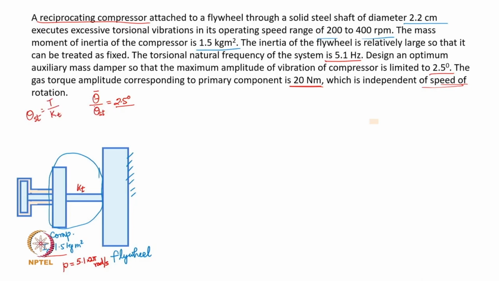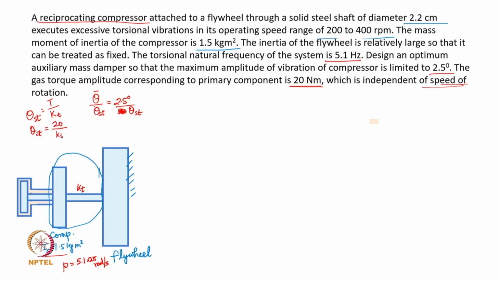Okay, now so 2.5 divided by the primary component, which is T, is 20 Newton meters. So sorry, let me separately write it here, theta st. So theta st, if it is in the denominator here, this theta st is going to be 20 Newton meter divided by kt.